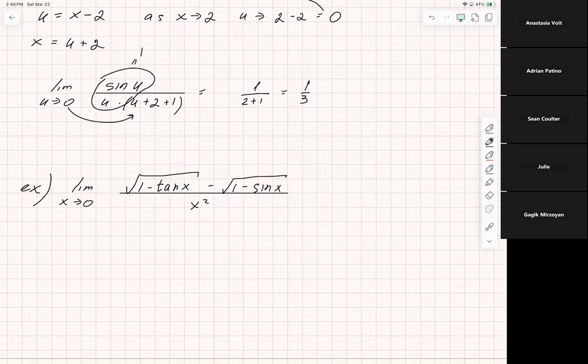So we need to do something with this expression so that it's not 0 over 0. What we need to do is multiply by the conjugate. Since we have the square roots, it's probably a good idea to get rid of those square roots. So we will multiply by square root of (1 minus tangent x) plus square root of (1 minus sine x), top and bottom.